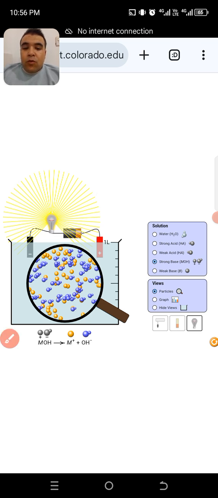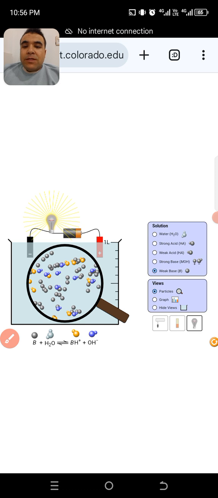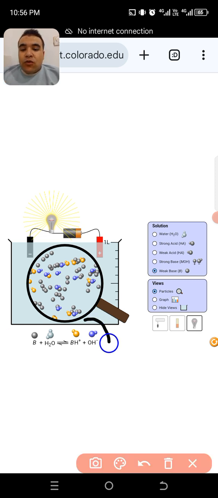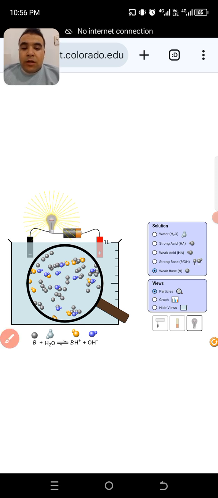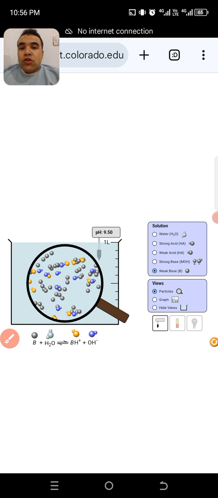For the weak bases, they have the same property as the weak acids in terms of conducting electricity and concentration of ions. Here we have the hydroxide and cation, but the hydroxide is much lower than in the strong bases. So the pH should be lower than the pH of the strong base.